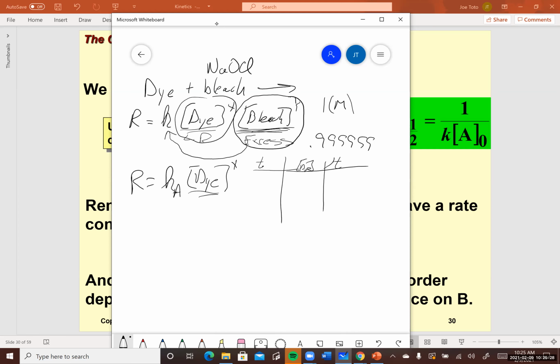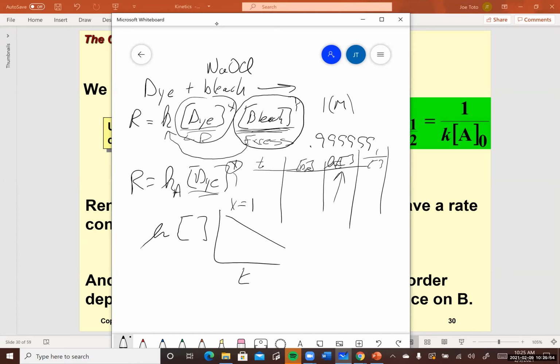You can make the plots ln concentration and 1 over concentration. So you make the 3 plots that we just talked about, and you'll see that one of them's linear. You're going to see that it's this one. And so you're going to be able to deduce that x equals 1 for first order, because the log of the concentration versus time plot came out linear.